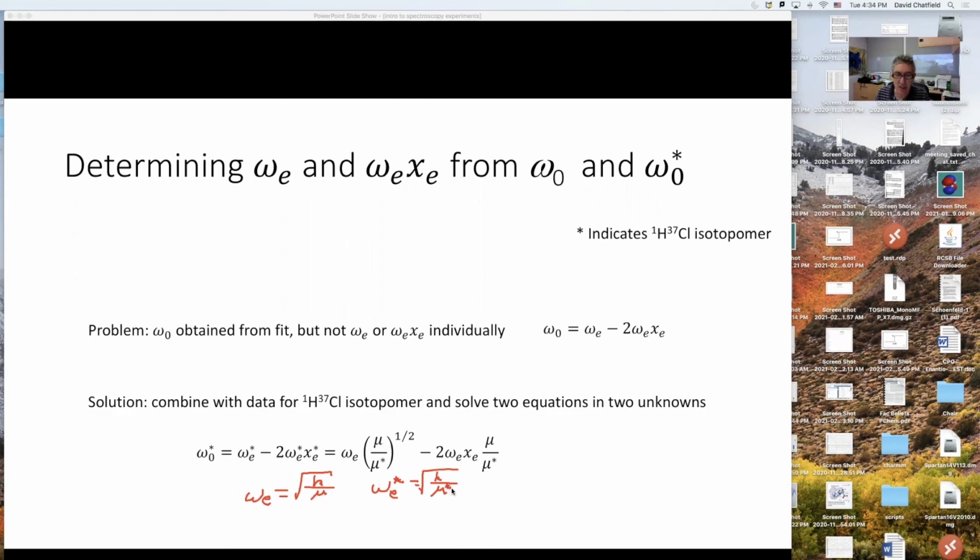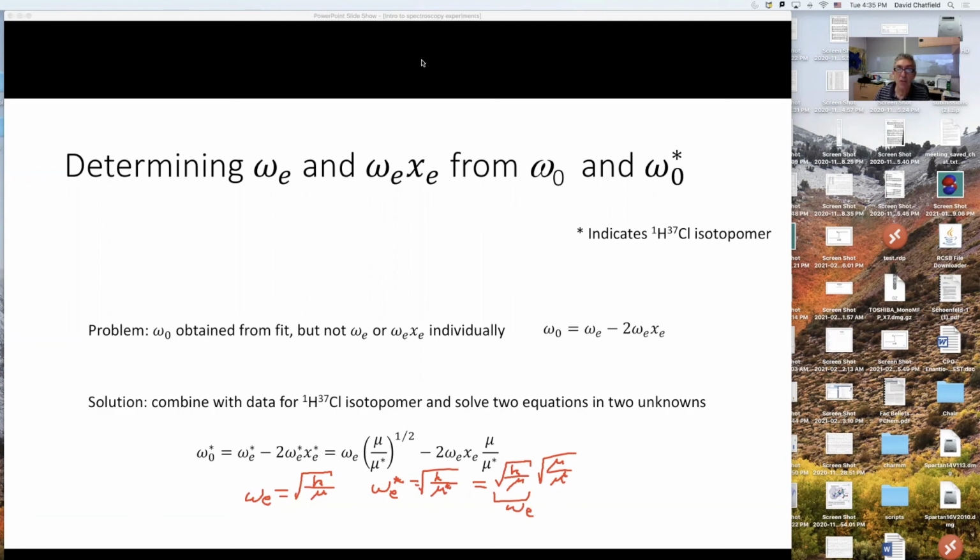That's the asterisk here. Now, k, the force constant, is going to be the same in both cases, but the reduced mass is different. So you can do a little algebra and write this, and of course, this right here is just ωe. So that's how you get this expression up here.